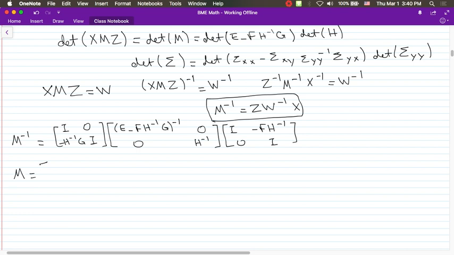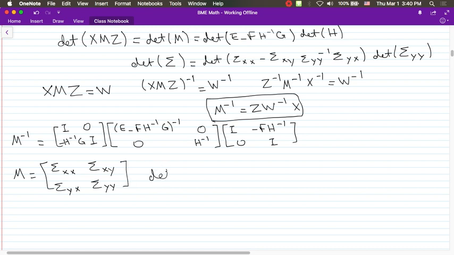So we have M, which is this variance-covariance matrix: variance of x, covariance of xy, covariance of yx, variance of y. That was our variance-covariance matrix.